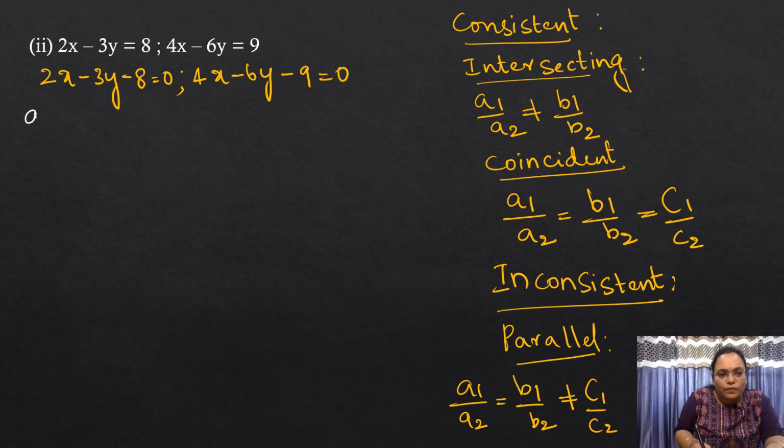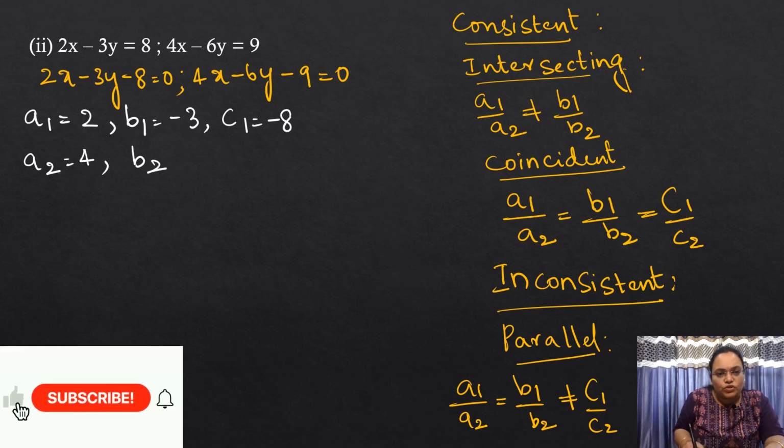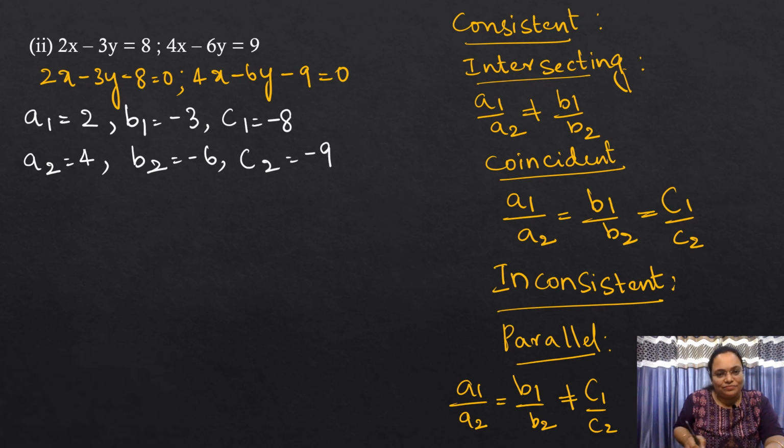So what is A1? Comparing these two equations with the general form, A1 you get 2, B1 is minus 3, C1 is minus 8. A2 is 4, B2 is minus 6, C2 is minus 9. Now let us find the ratios. A1 by A2 is 2 by 4, which is 1 by 2.